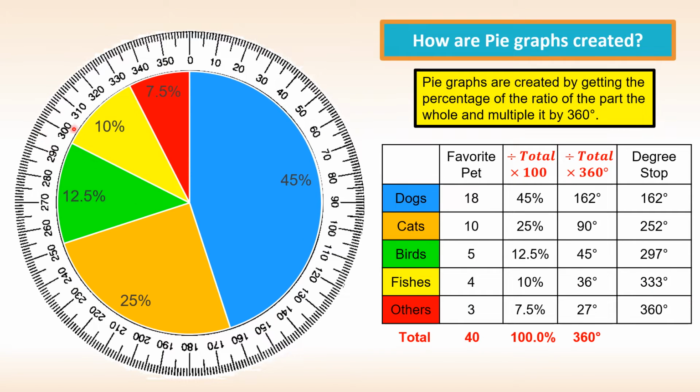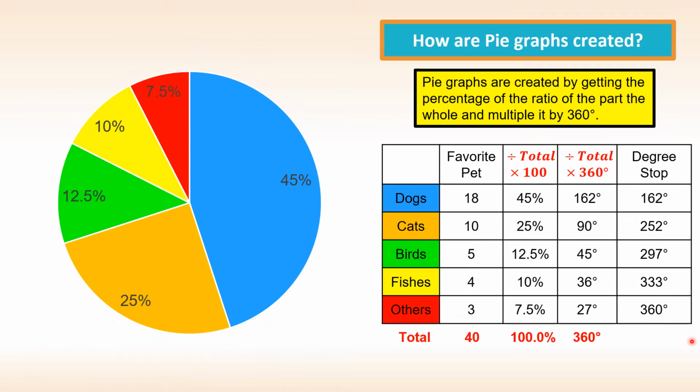Then 297 going to 333 goes to our fishes. And the remaining sector is others. So using the 360 protractor, we have our pie graph. You only need to add the labels and the title.